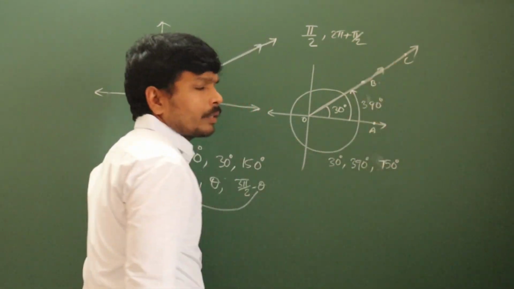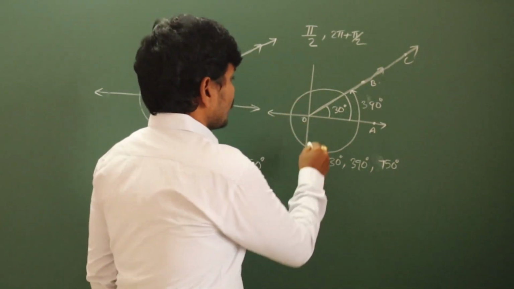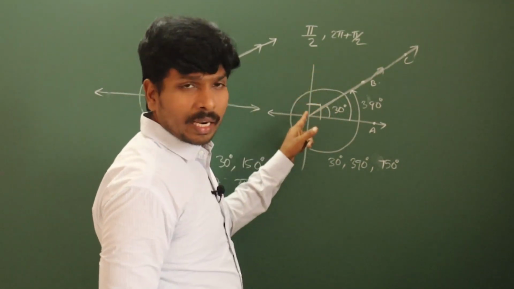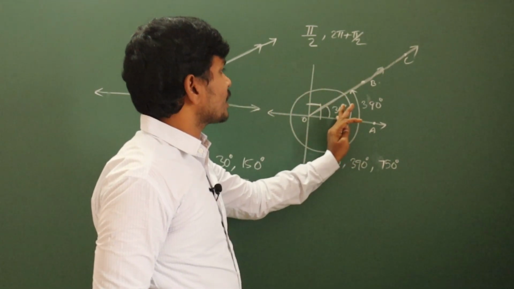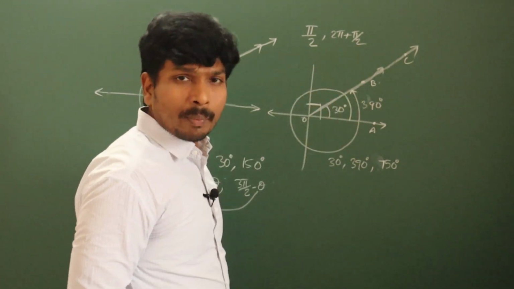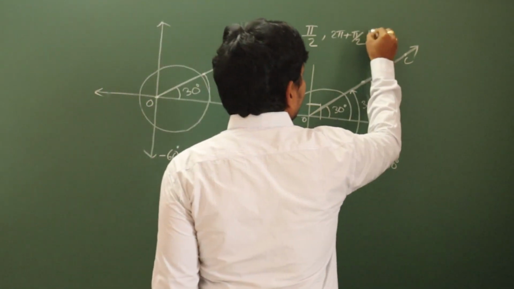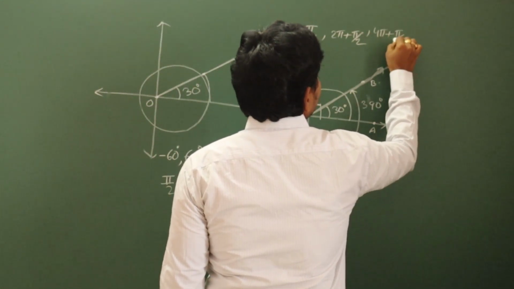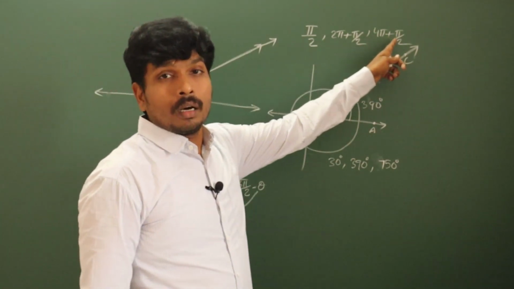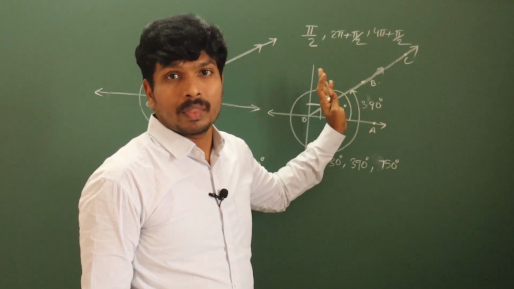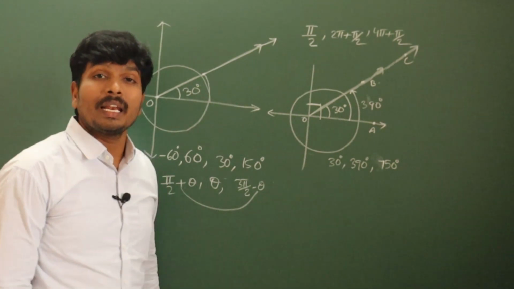The terminal side must be the same. 90 degrees is this angle, and a coterminal angle means getting one complete rotation and then 90 degrees. So 2 pi plus pi by 2, these two are coterminal angles. 4 pi plus pi by 2, these three are also coterminal angles because their terminal side is the same. That's why these angles are called coterminal angles.